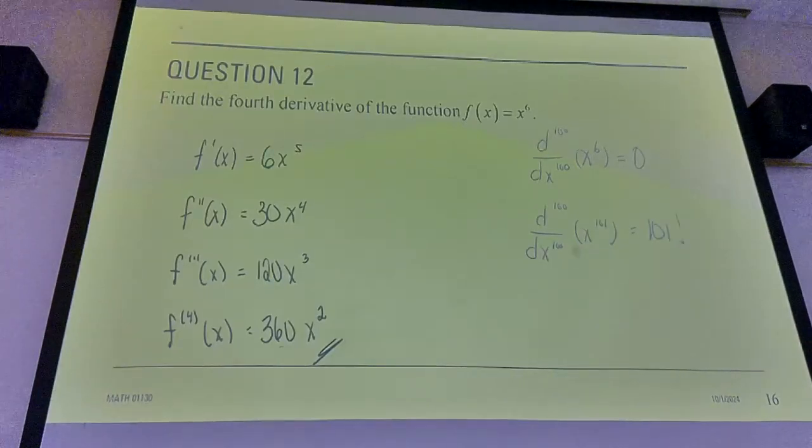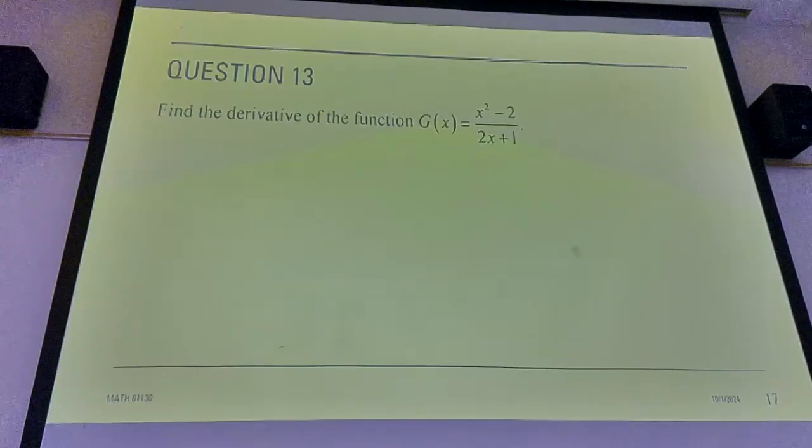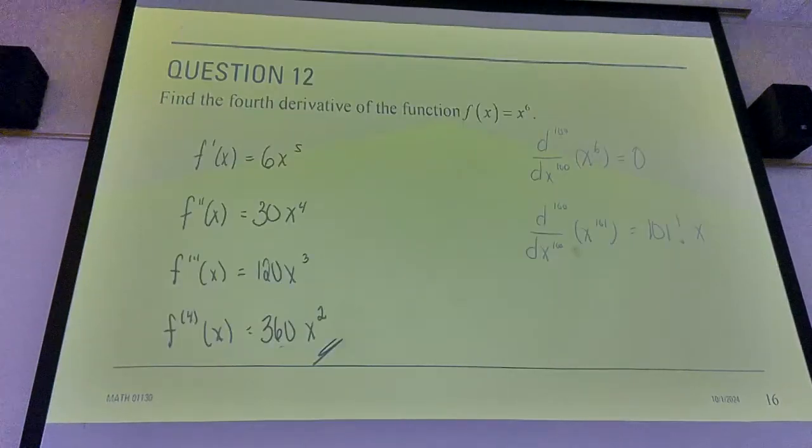Is that it? Yeah, it'd be 101 factorial x. Yeah, 101 factorial is a very, very large number. Still not an overflow though. And okay, so let's get that one.